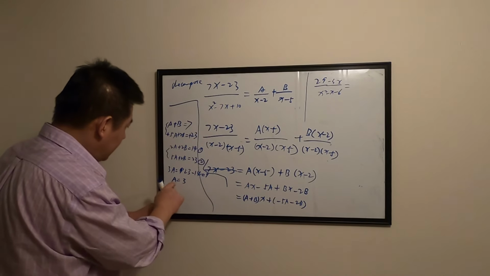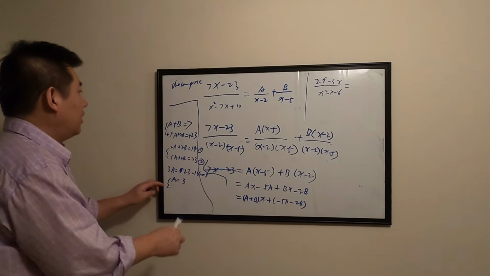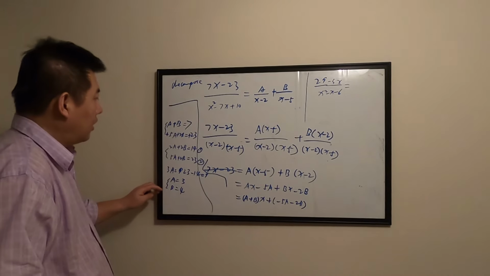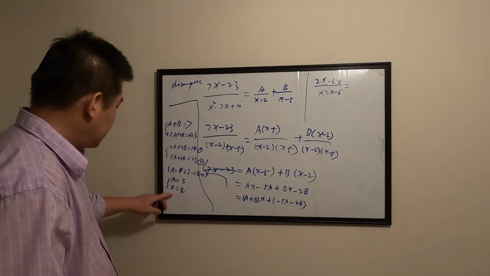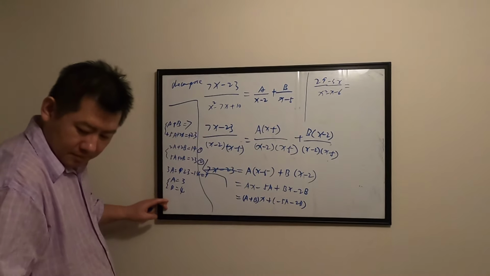Now we get B: A equals 3, so B equals 4. Okay. Then we substitute this A and B to here.